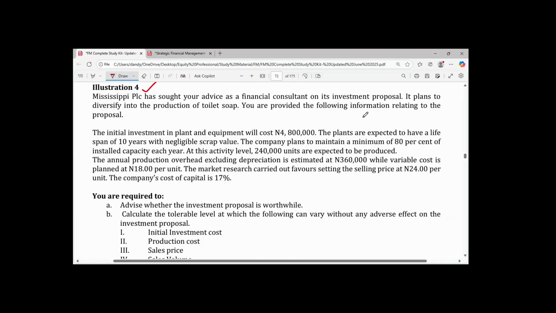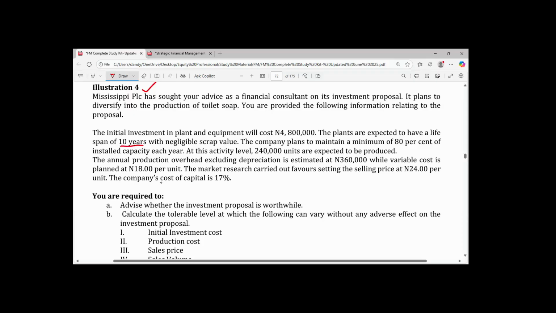You are provided the following information relating to the proposal. The initial investment in plant and equipment will cost 4.8 million naira. The plant are expected to have a life of 10 years, okay, with negligible scrap value. The company plans to maintain a minimum of 80% of installed capacity each year.